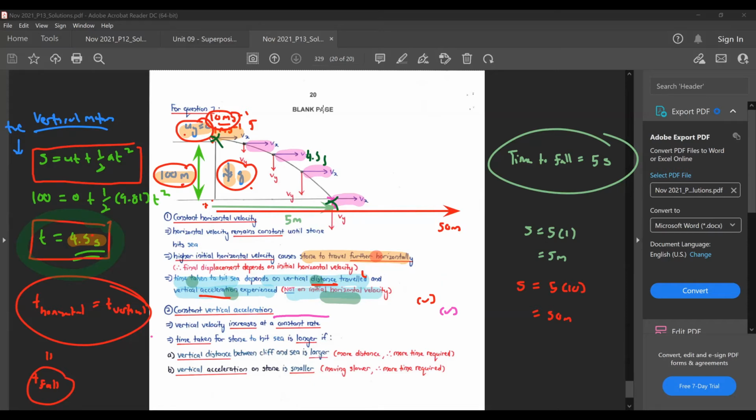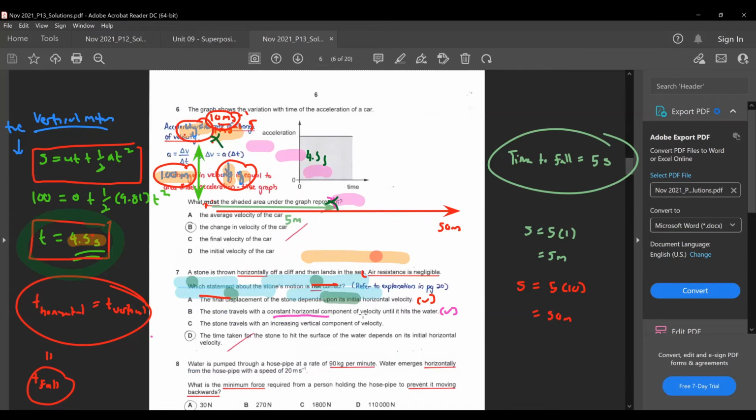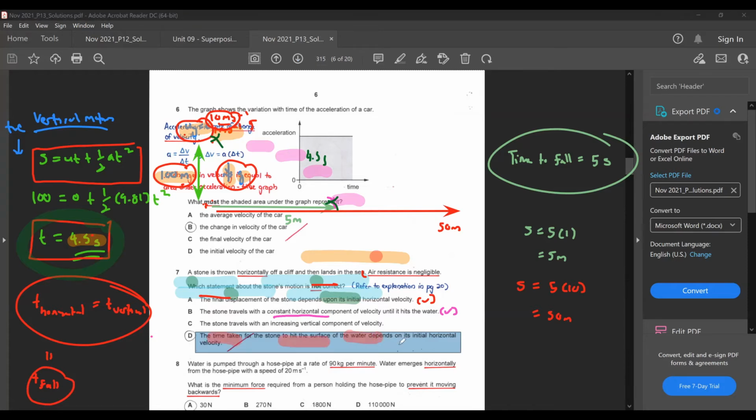Okay, so what does this actually relate to? It actually relates to this part. The one you see here, D, time taken for the stone to hit the surface of the water depends on the initial horizontal velocity. This one is actually not correct. Your initial horizontal velocity does not affect anything.